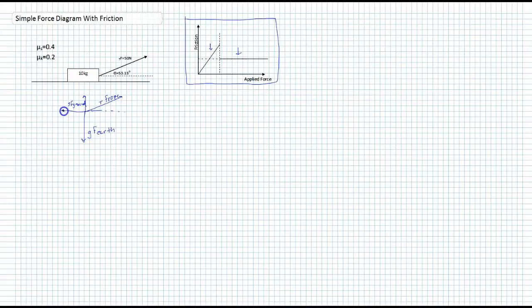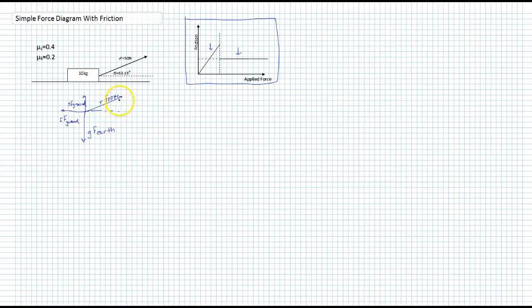And I'm going to have some friction, and I'm going to assume that it's in this direction. It's not always in opposition to the force, but I have to predict which way it must be to balance out those forces. That's between the ground and the box.